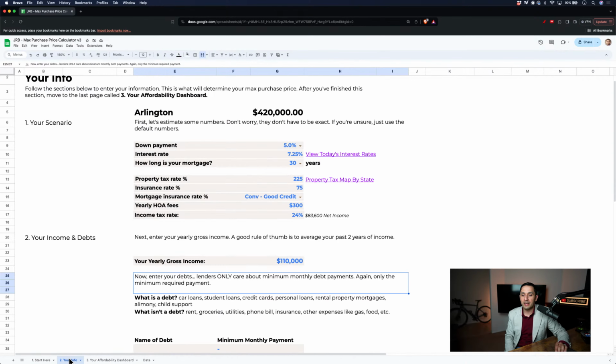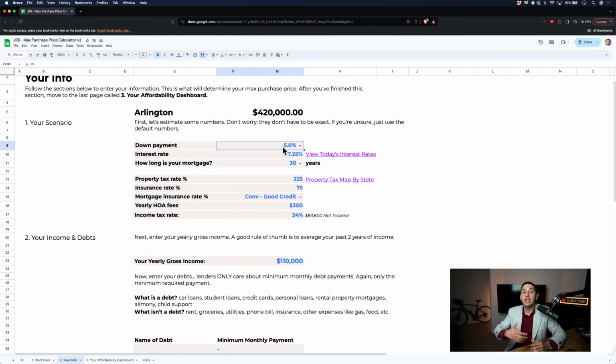Now, again, keep in mind, these are the inputs that we put in. We put 5% down. If you wait a little bit and have a bigger down payment, then you can purchase a larger home. You can have a higher purchasing power because you're not asking for as much money to borrow, right? If the interest rate goes down by the time you're watching this video, look what happens.